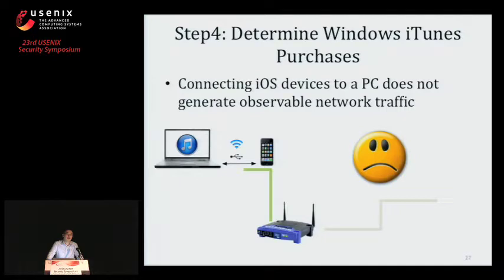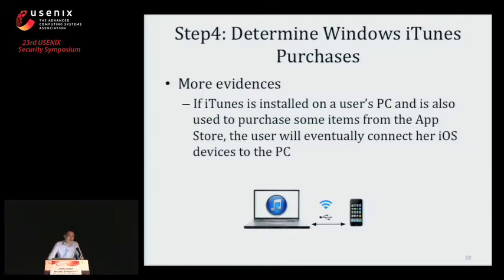Based on the DNS query dataset, we cannot be 100% sure whether the user would connect the iOS device to the computer. So here we made an assumption: if iTunes is installed and the user also uses iTunes on Windows to purchase something from the App Store, we'll assume that the user will eventually connect the iOS device to the computer.